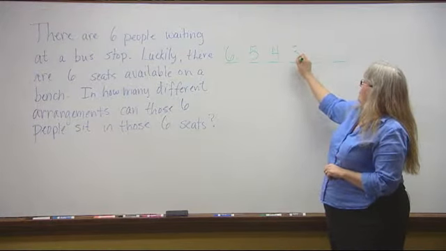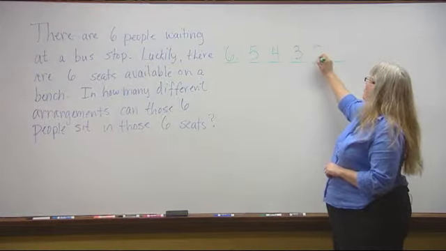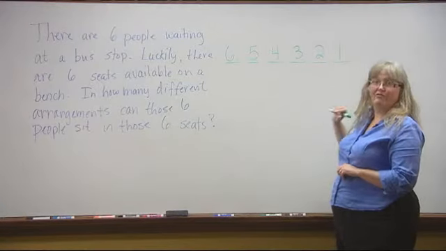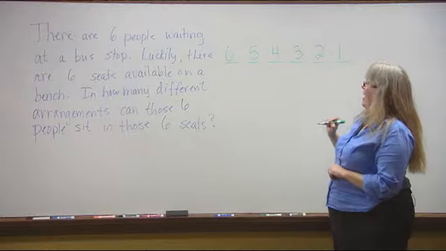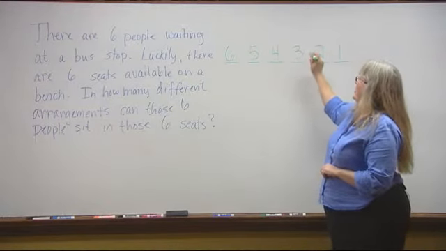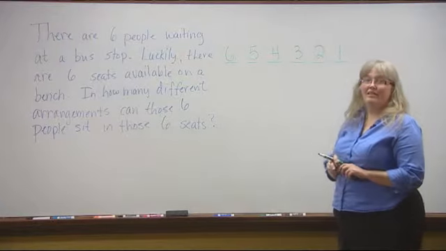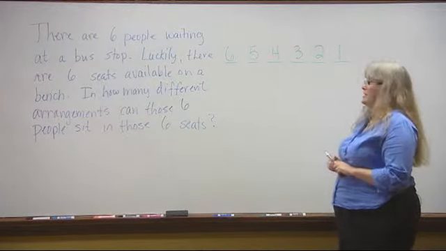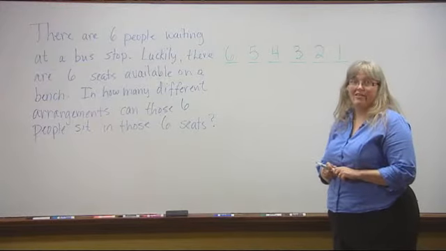Then we'll have 3 in that seat, 2, and then finally at the end, once we have 5 people placed, there's just 1 left. And the number of possibilities, we're going to use the fundamental counting principle, is 6 times 5 times 4 times 3 times 2 times 1, which is a very large number.